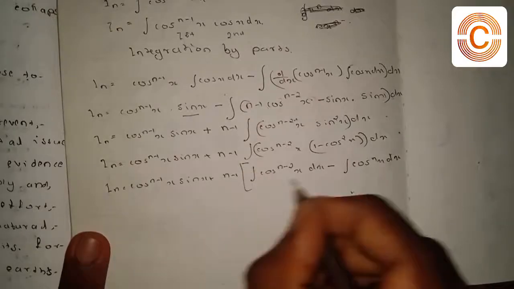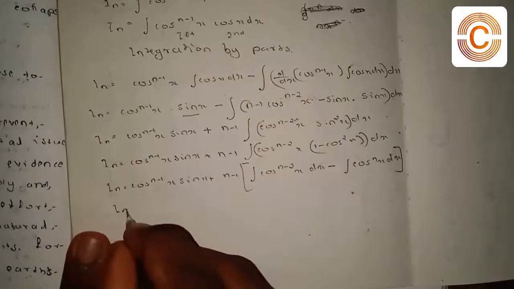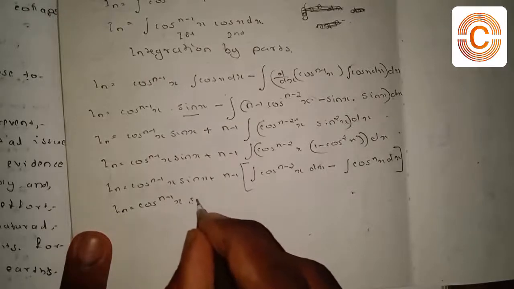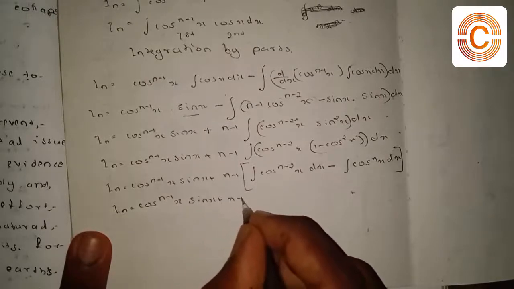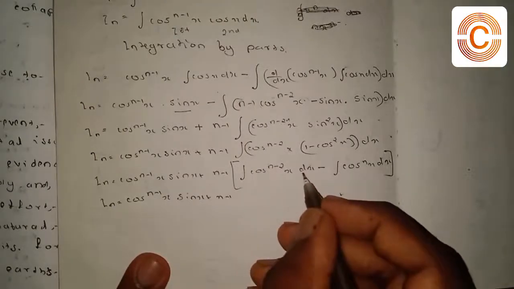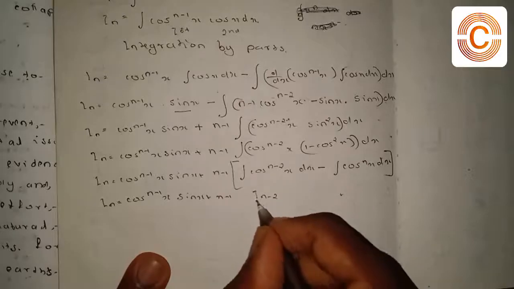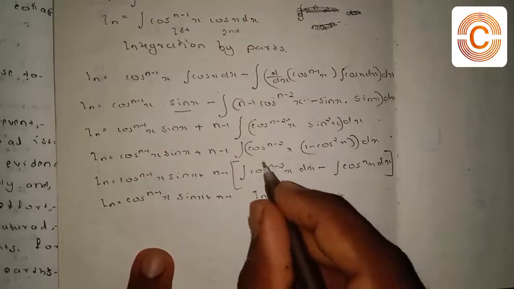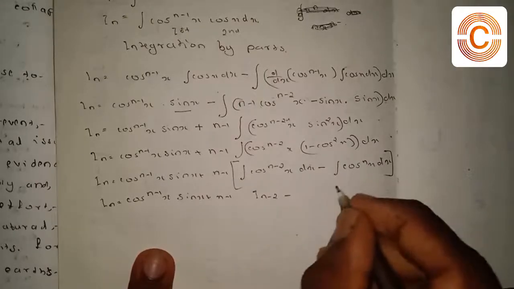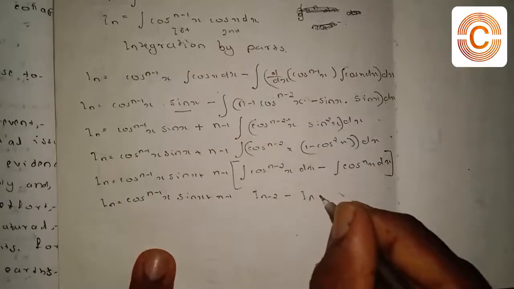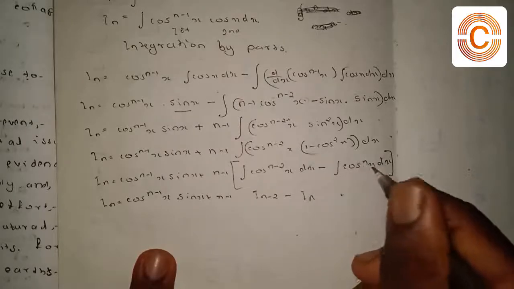After the next step, I_n is equal to cos^(n-1)x sin x plus (n-1) integral of cos^(n-2)x dx. We can write it as I_(n-2), that is the integral of the (n-2)th power of the cos function, minus I_n, that is the integral of the nth power of the cos function.